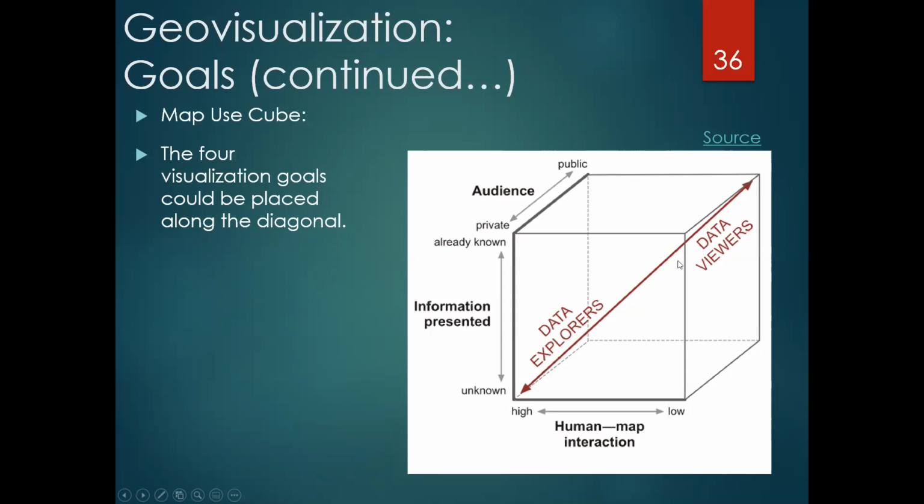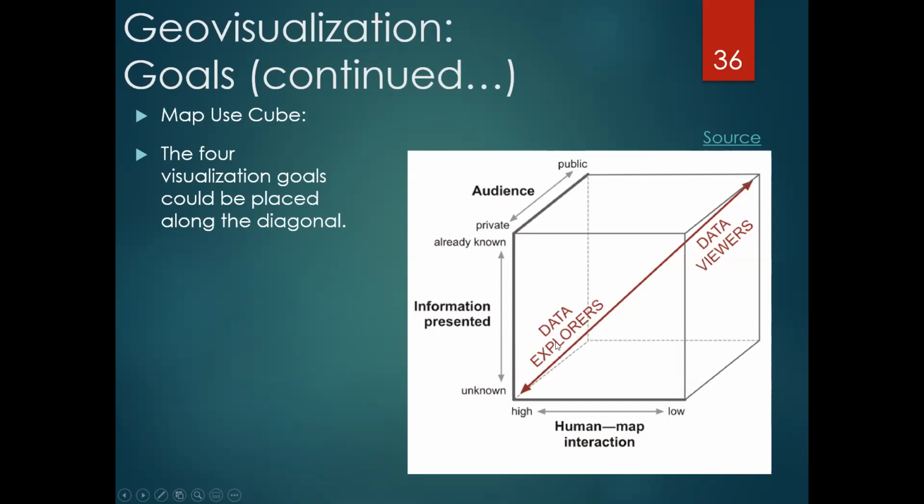So this line here with two arrows is the diagonal, right? If your visualization can be located somewhere on the bottom left corner of this cube, your visualization is for data explorers, because your geovisualization is trying to show the unknown. The interaction is pretty high, and it is for private use. So this type of visualization is for data explorers.